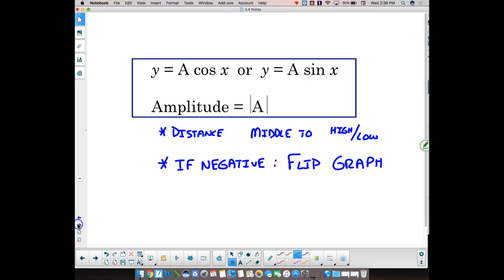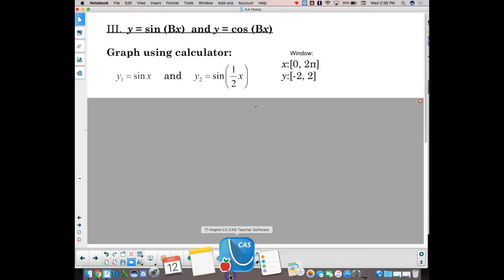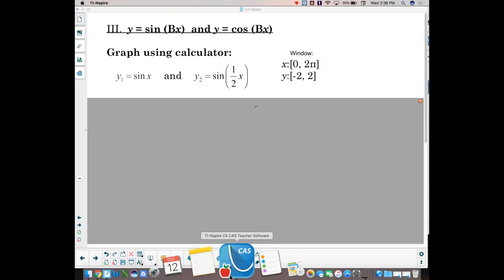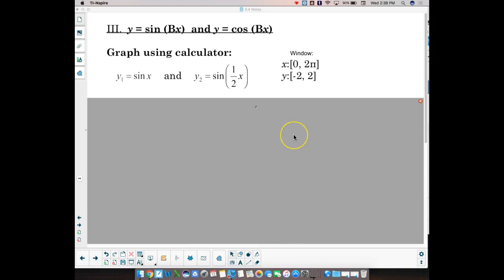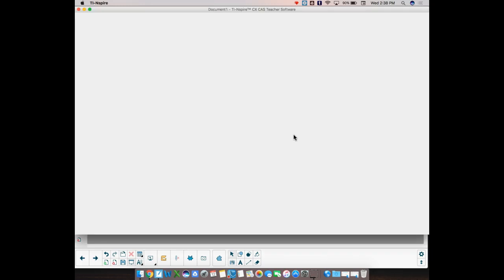All right, what I'd like you to do now, on your calculators, is open up a brand new document, and in said document, open up a graph. I want your window to be x's from 0 to 2 pi, y's from negative 2 to positive 2.